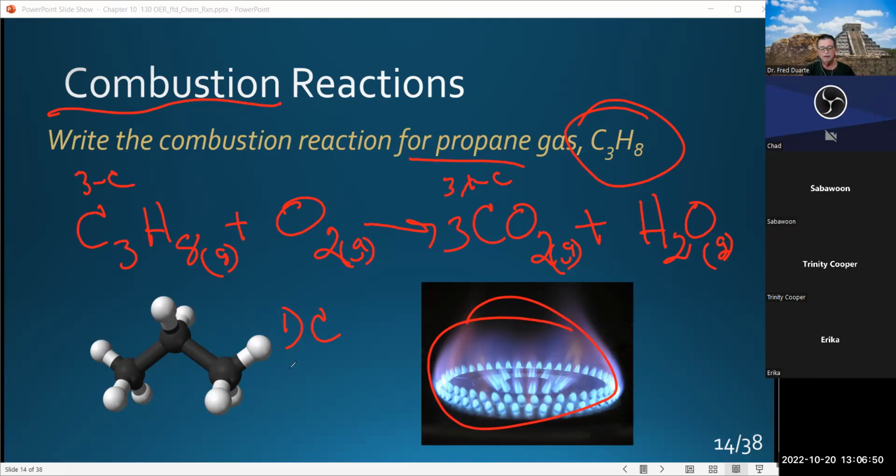Okay. Second, we balance the hydrogens. So notice on the left side, the reactant side, there are 8 hydrogens, whereas on the right side, we have 2 hydrogens.